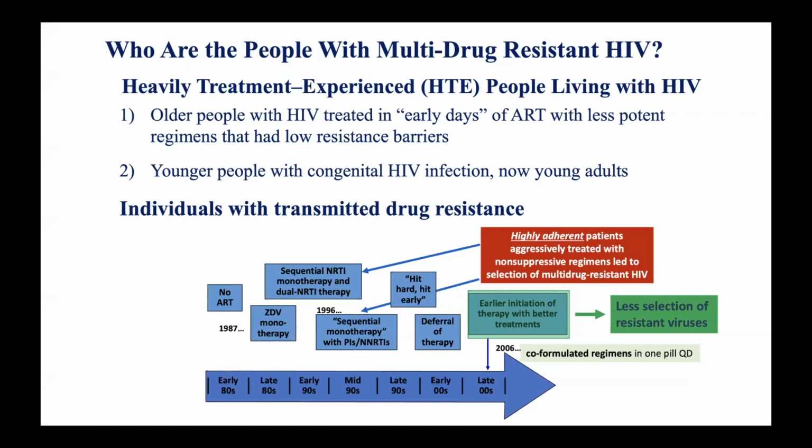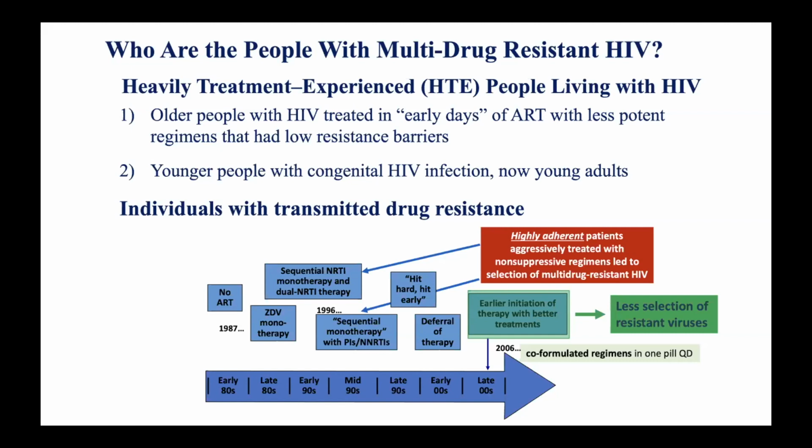because they have the previous history of zidovudine monotherapy, the sequential monotherapy. And for all of this reason, as Professor Richman elegantly showed you before, even if the patients were highly adherent, they were likely to fail because the treatment was not so potent, and we had a lot of development of resistance.